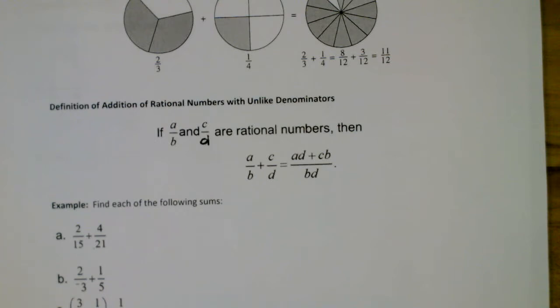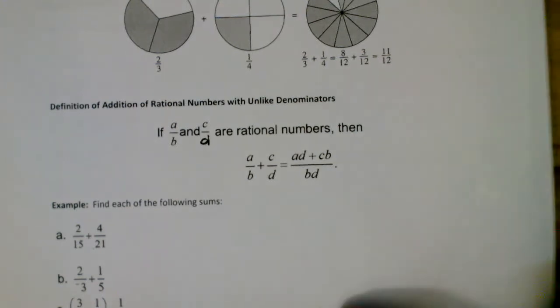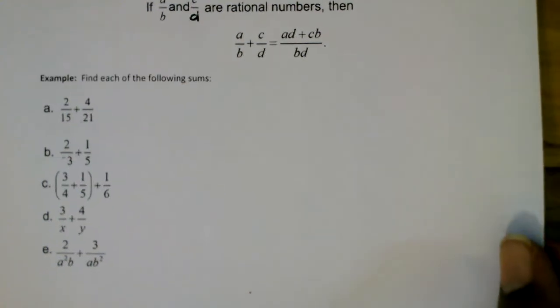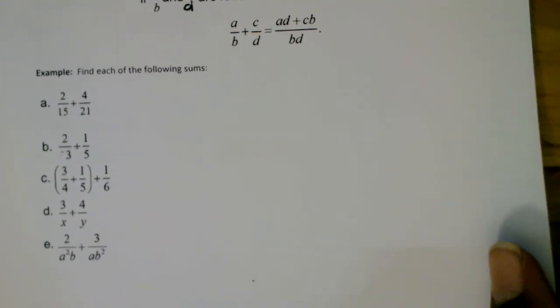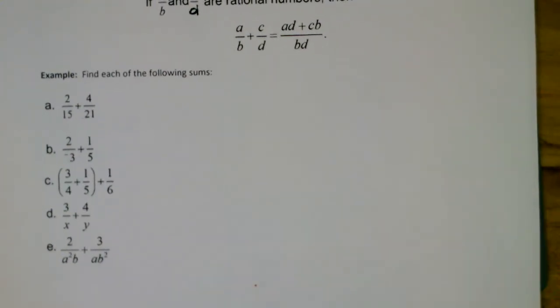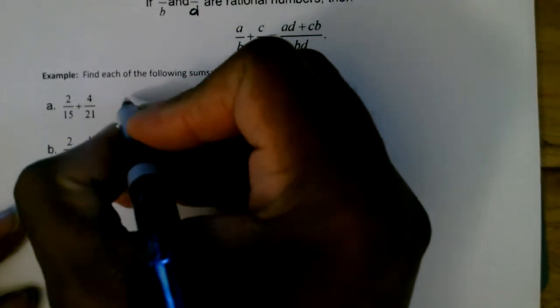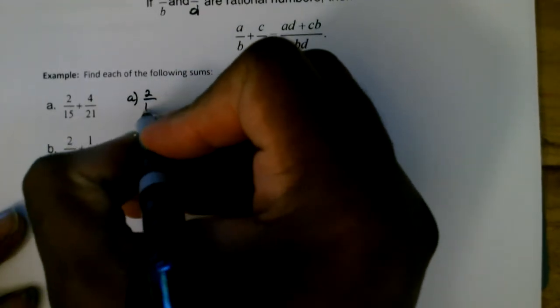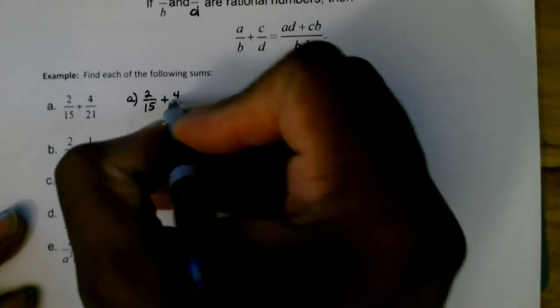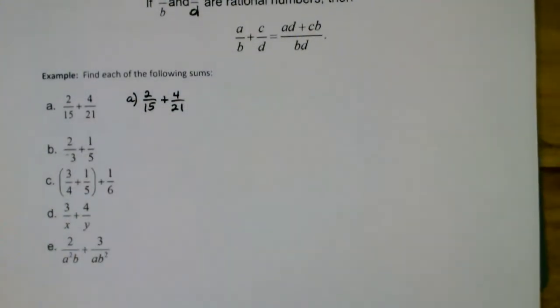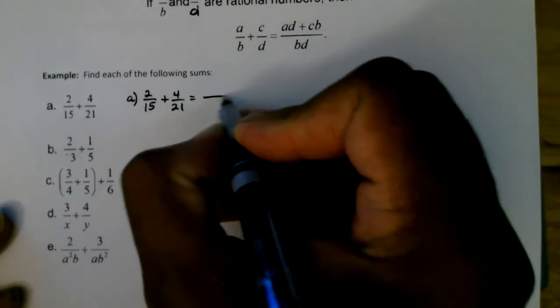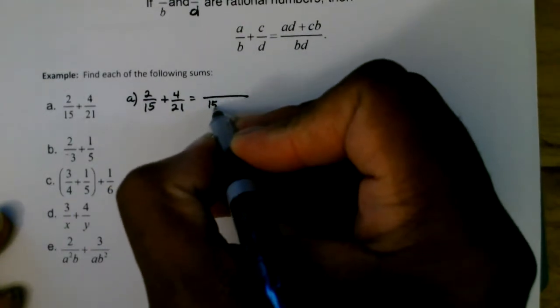So that idea can be used in these examples that I'm going to show you right now. Starting with part A, we got 2/15 plus 4 over 21. In this case, I can multiply 15 times 21, which are my two denominators.